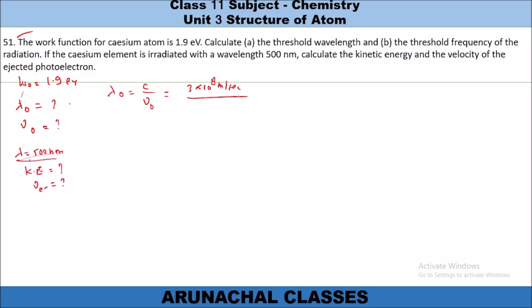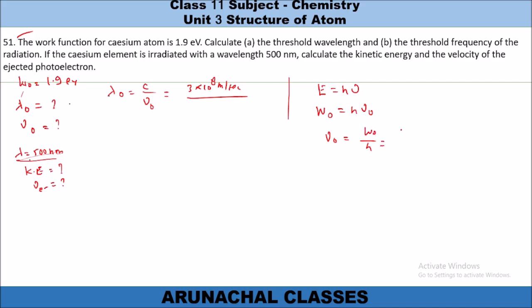So first of all we need to find out the threshold frequency also. We know that E is equal to h nu. Similarly, W naught, the threshold work function, will be equal to h nu naught. So here we need to find nu naught, so W naught upon h.